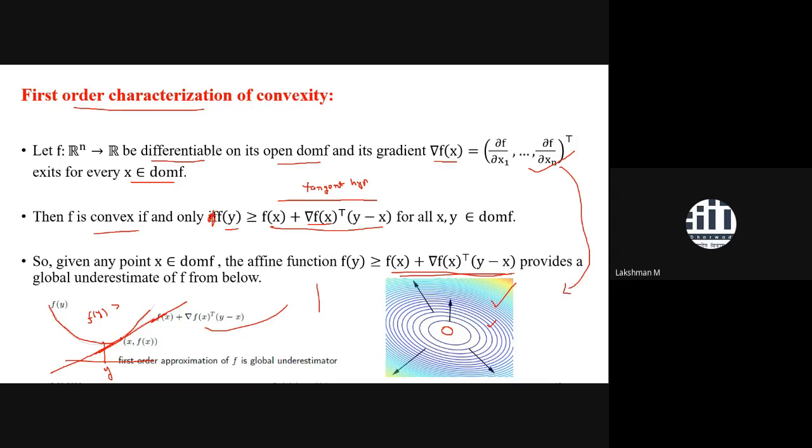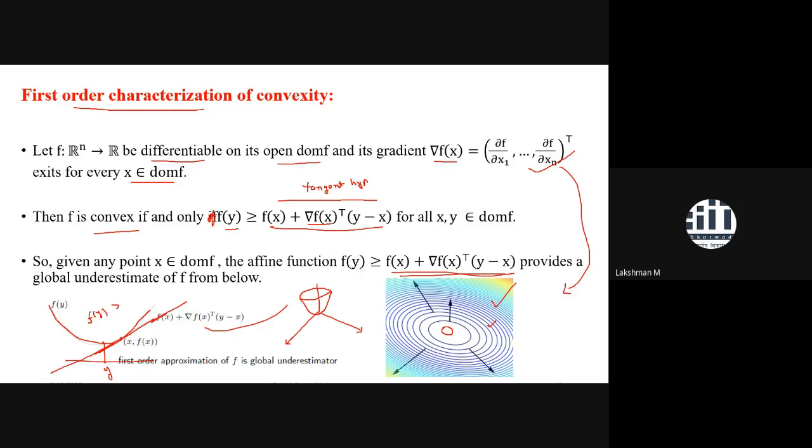If you draw a function of two variables, a very simple kind of paraboloid, like this, and you take any point here, your tangent hyperplane would be a plane.